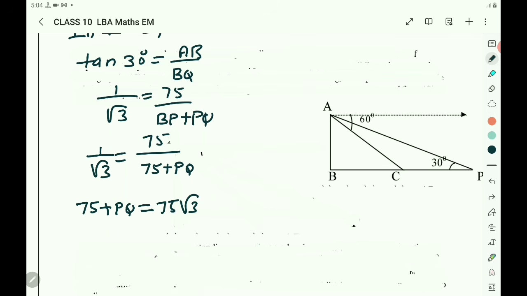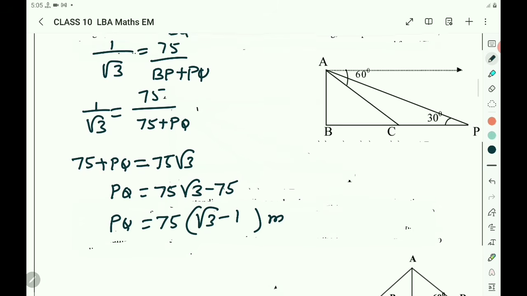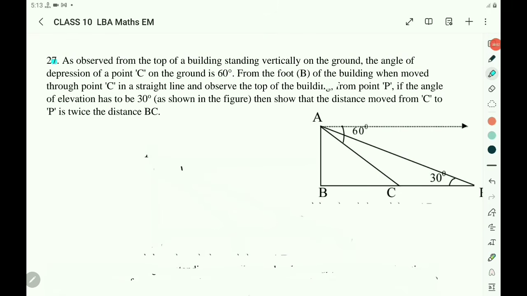Then PQ equals 75 root 3 minus, transfer the 75 to the RHS, that is minus 75. Then PQ equals, remove 75 common, 75 in the bracket, root 3 minus 1 meter. Then the distance between the two ships is 75 into root 3 minus 1 meter.